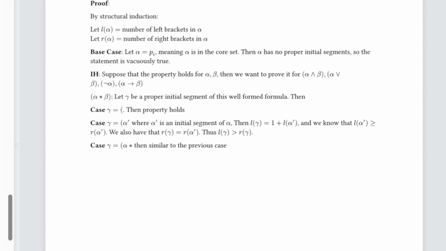Now, the next case is if gamma equals open bracket alpha star beta prime, where beta prime is a proper initial segment of beta.